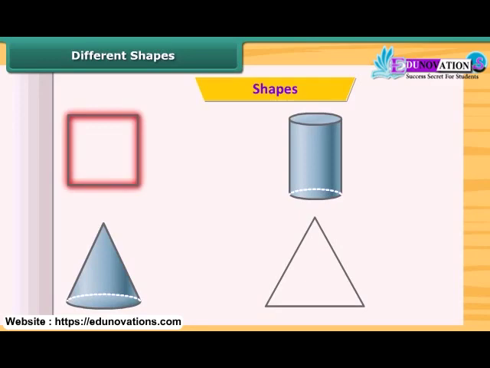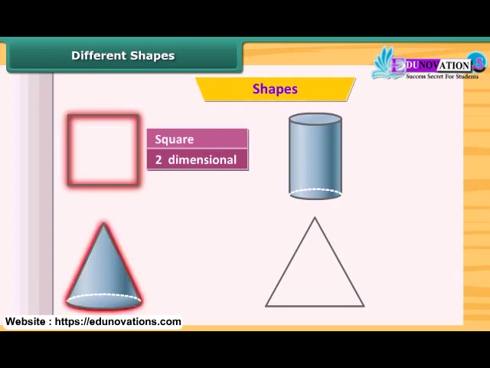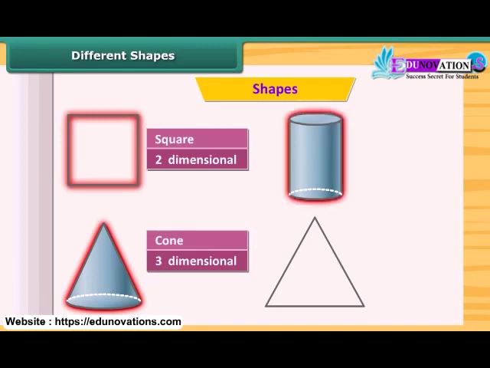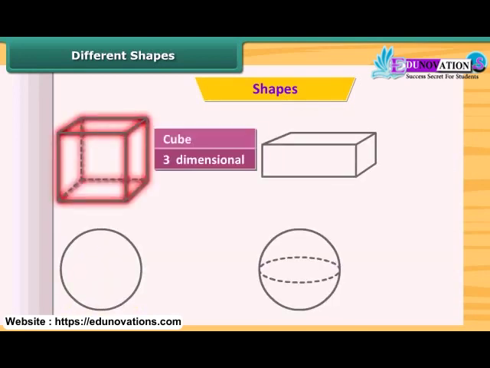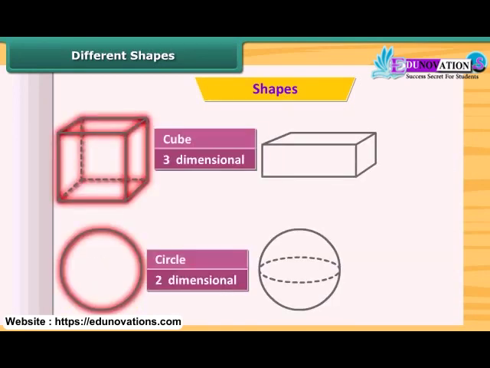This is a square and this is two-dimensional. This is a cone and is three-dimensional. This is a cylinder. This is also three-dimensional. This is a triangle and this is two-dimensional. Circle, two-dimensional.